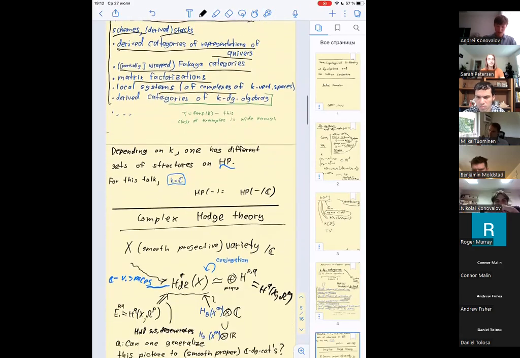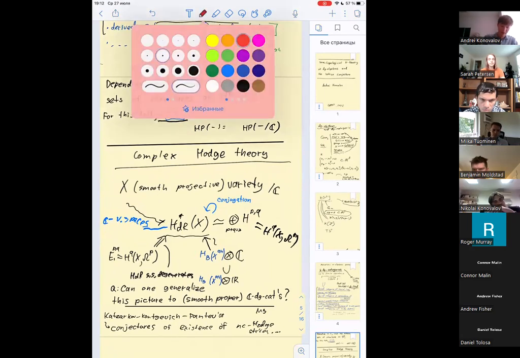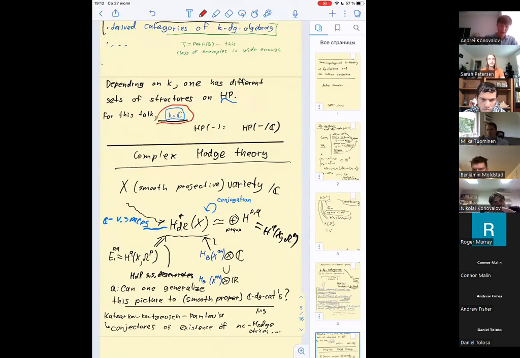For example, in algebraic geometry, I'll actually restrict to the case of complex numbers from now on. Let me actually switch the color. So from now on, I'll restrict to dg-algebras and dg-categories over complex numbers.